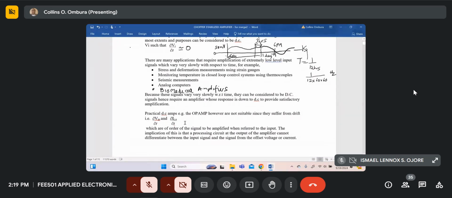When referred to the input of the amplifier, they are of the same order of magnitude as the signal that we want to amplify. So VIO and IIO present the biggest problem. VIO drift and IIO drift are normally a function of temperature.